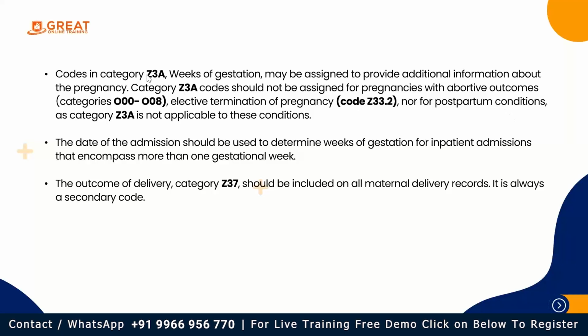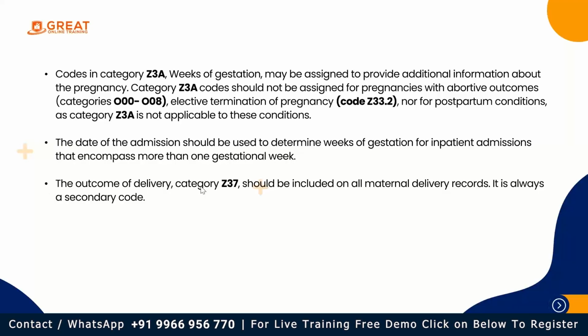Okay, when the patient is pregnant, in that case only we have to use the G3A code to represent weeks of gestation. How to use this code and all, we'll see when we cover the pregnancy related guidelines. The date of admission should be used to determine weeks of gestation for inpatient admissions that encompass more than one gestational week. This guideline also we'll see in the pregnancy chapter.